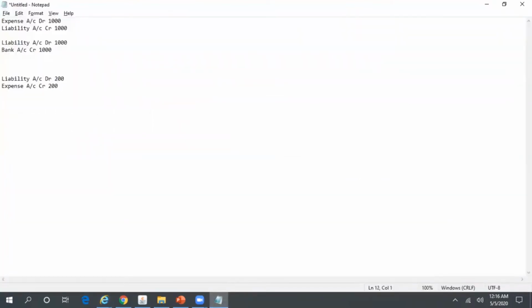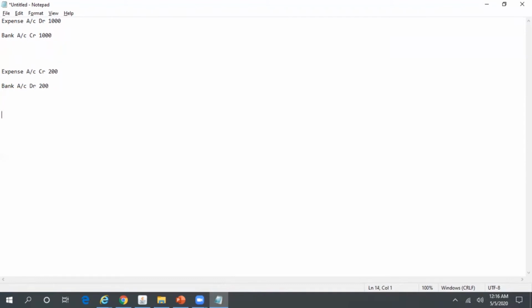Okay, now when you create a refund for this, your journal entry would be bank account debit 200 and liability account credit 200 rupees. So if you look at the net impact, these two are already knocked off. Okay. So overall your bank account credit 1,000, debit 200.